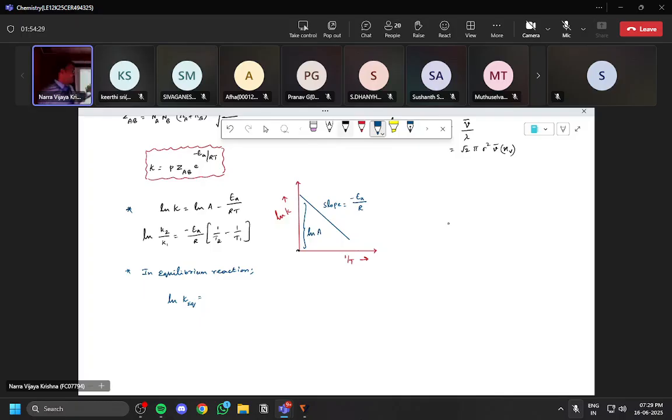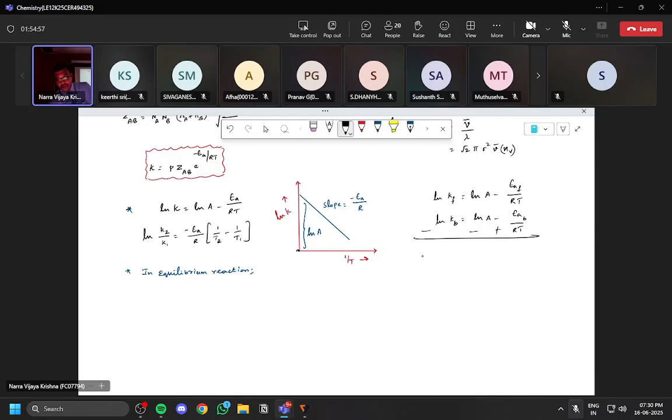I am writing again. Listen. Don't write, there is one mistake. That's what I want to show. Ln K forward equal to ln A minus EA forward upon RT. Right? Ln K backward equal to ln A minus EA backward upon RT. Correct? Now I am subtracting both.